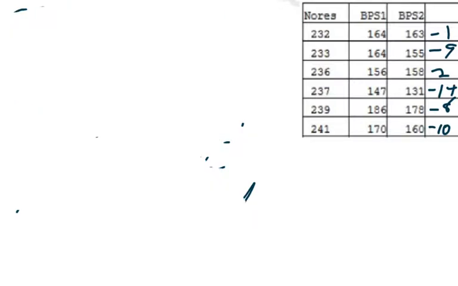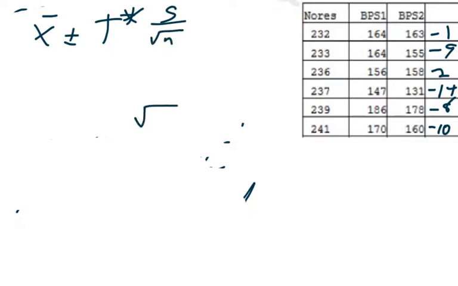So we're using x bar plus or minus t star s over the square root of n. So there's only 6 people in our group, so we only have n = 6.